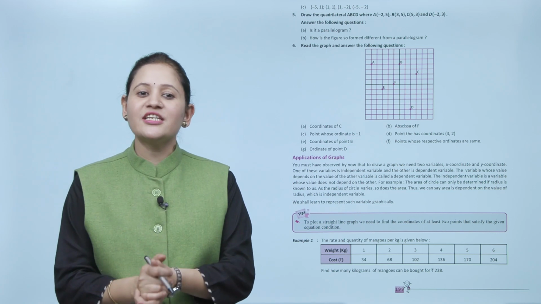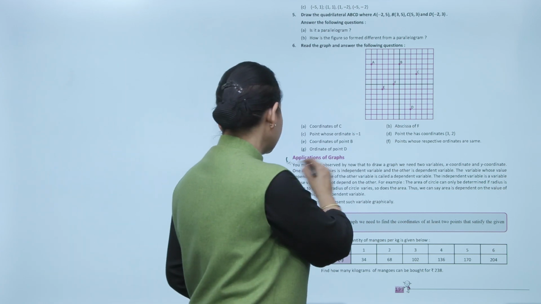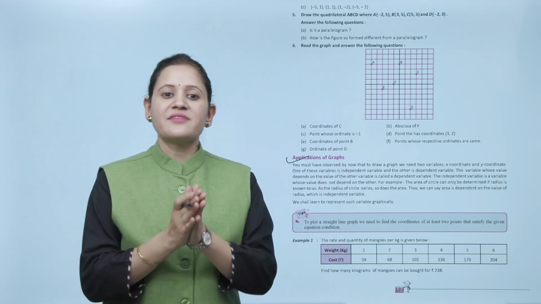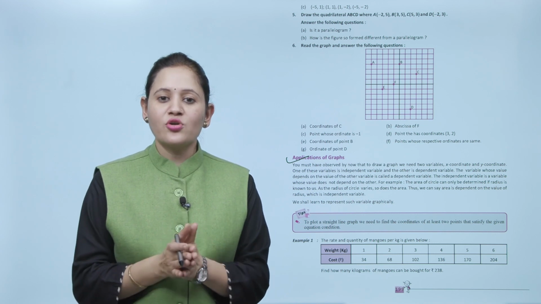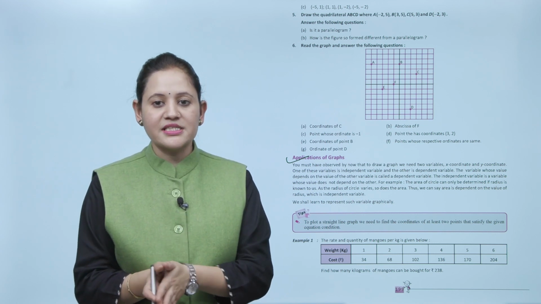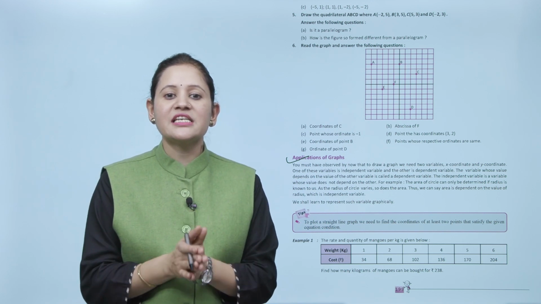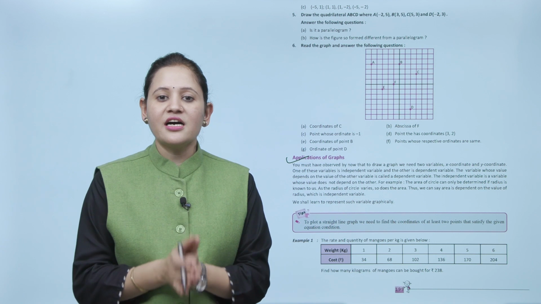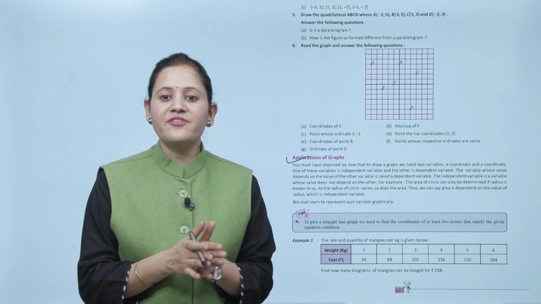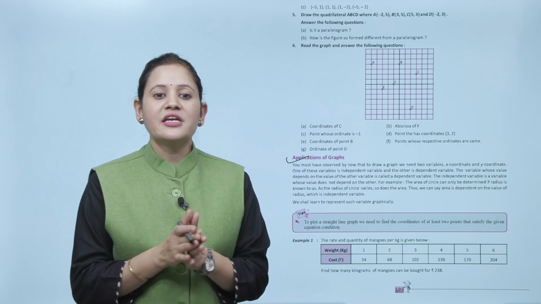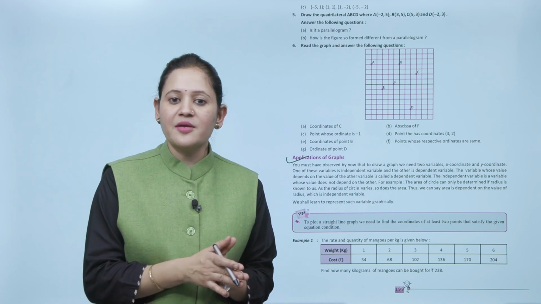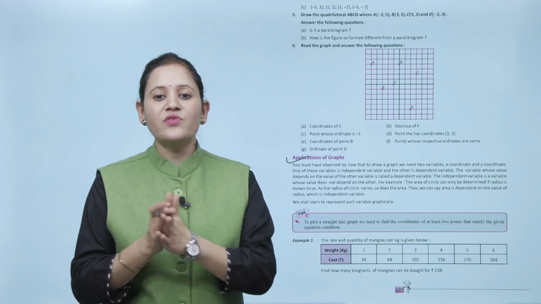Next is application of graphs. You must have observed by now that to draw a graph we need two variables, x coordinate and y coordinate. One of these variables is the independent variable and the other is the dependent variable. The variable whose value depends on the value of the other variable is called the dependent variable.